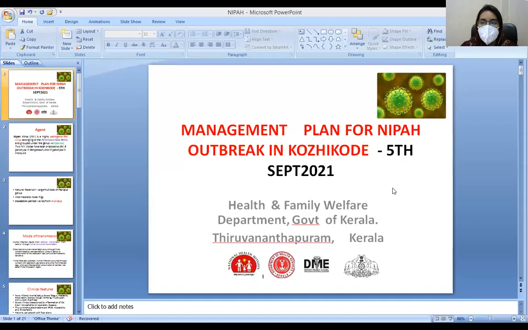So, in this session, I'll use the document issued from the Ministry of Health and Family Welfare, Government of Kerala, on 5th September 2021. This is a 64-page document. I have just taken the salient features out of it, and it also includes the details about the treatment and other things.